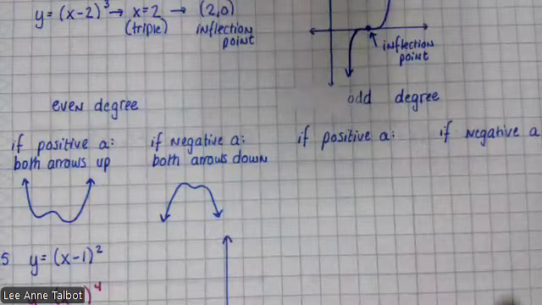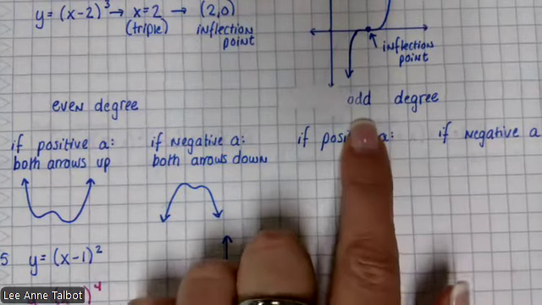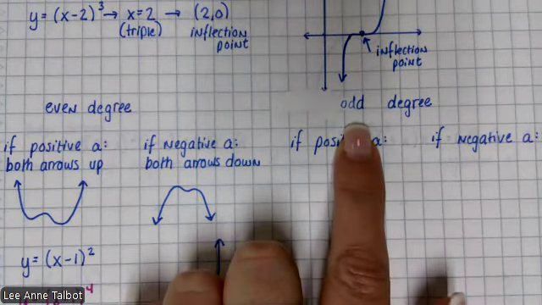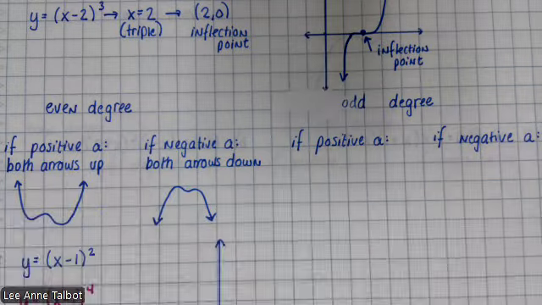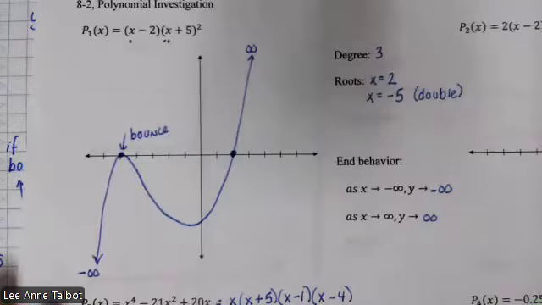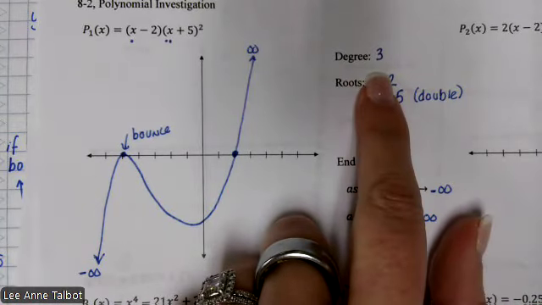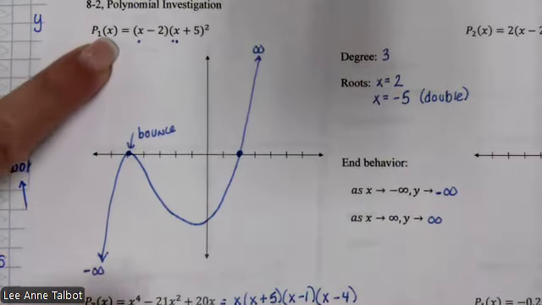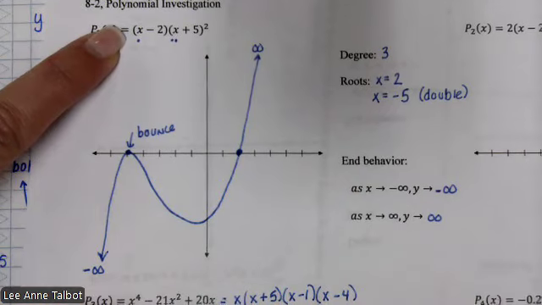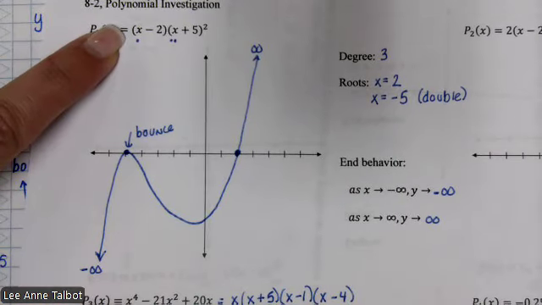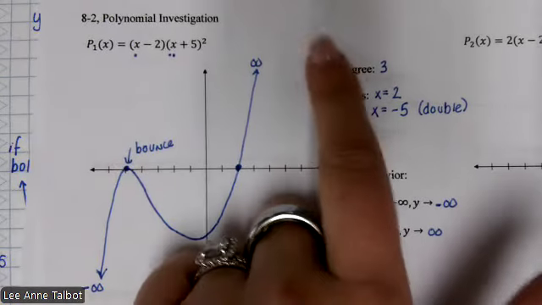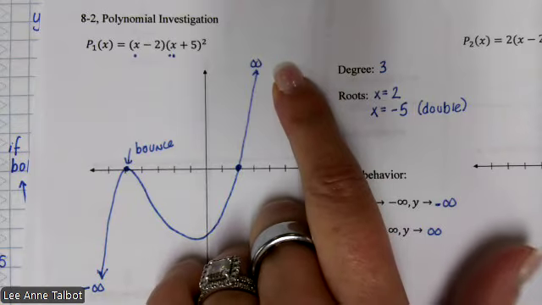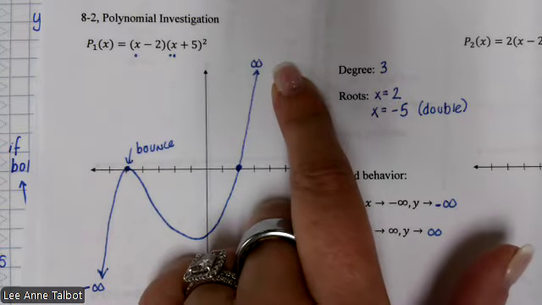Okay. Now, odd degree is a little different. Looking at an odd degree, the first one we did was odd. This guy was degree 3, which is an odd number. His A value, is this positive or negative in the front? Positive. He starts down here and ends up here. I want you to think of it like the slope of a line.